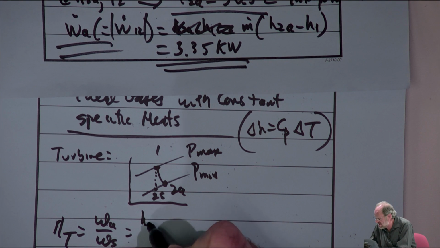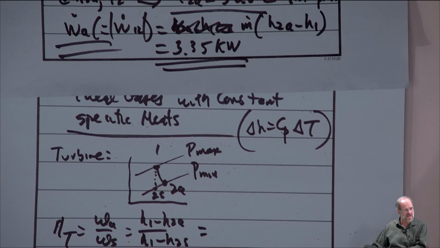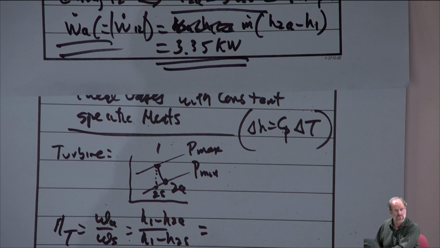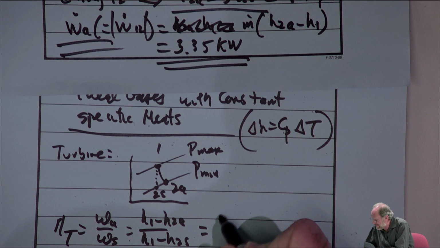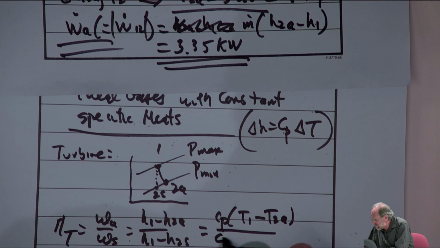We know this is just going to be h1 minus h2 actual over h1 minus h2s. However, if we're assuming that it's an ideal gas with constant specific heats, then isn't the enthalpy change just equal to Cp times that temperature change? So this really becomes Cp times (T1 minus T2 actual) over Cp times (T1 minus T2 ideal).